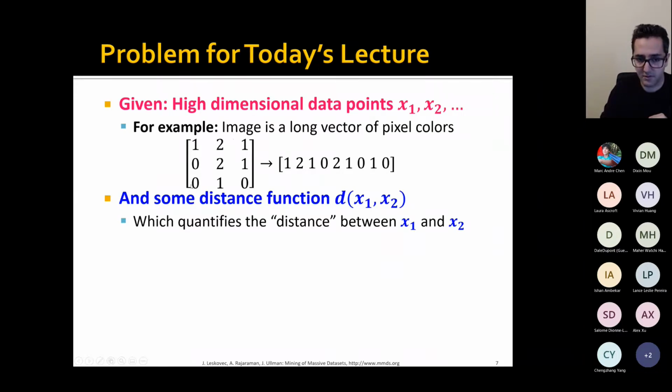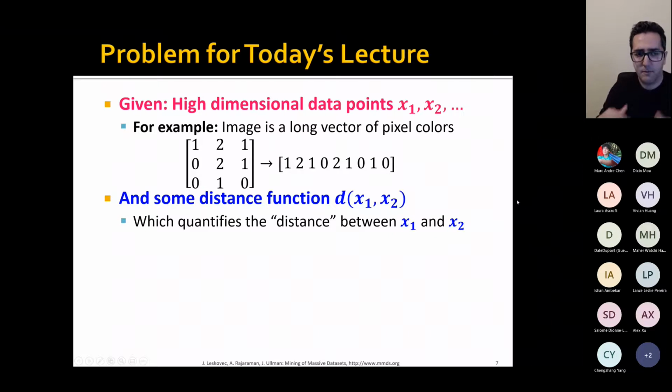The first row, second row, third row, you can write all of them back to back, and you end up with a vector. So this vector, how many dimensions do I have here? 1, 2, 3, 4. So 9. I have 9 dimensions, right? And in reality, images have millions of pixels. So we will have millions of dimensions, right?